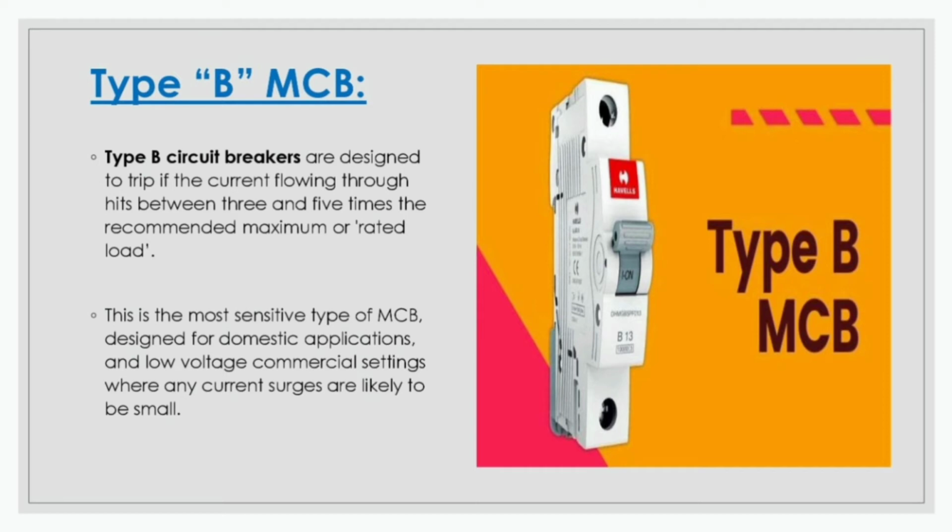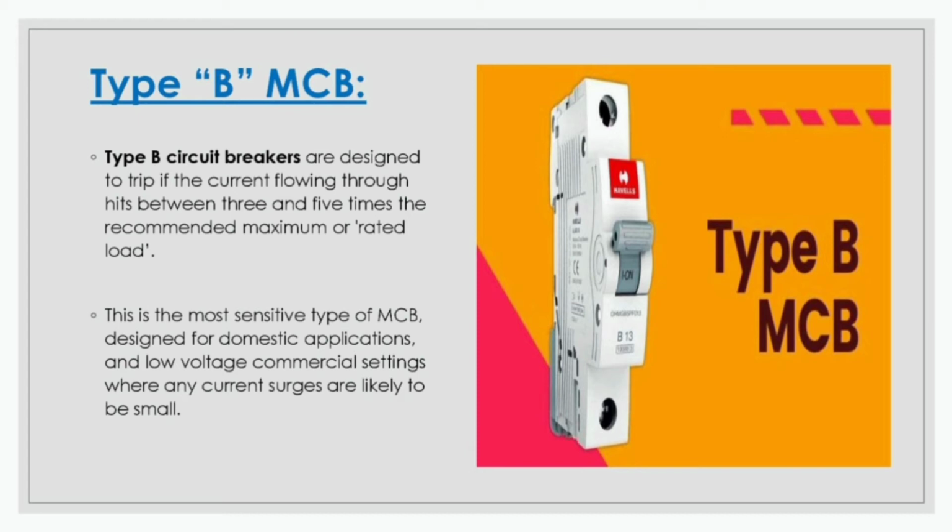For example, in our household we use filament bulbs which produce heat, and in kitchens we have microwave ovens and fans. These are all types of resistive loads where we can use the B type of MCB. Resistive loads means the load which does not have any difference at the time of starting as well as in running.